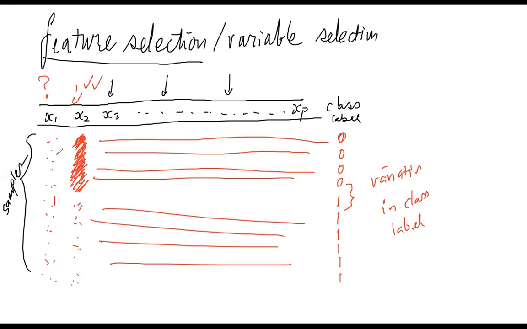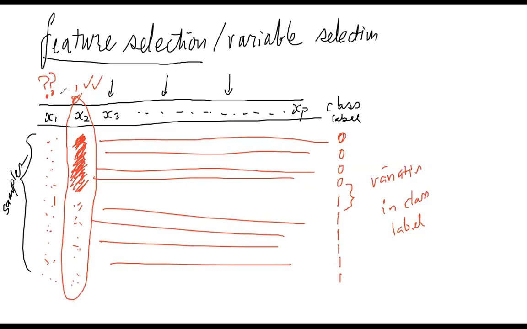Because the values are more or less the same, it cannot help you distinguish whether it's 0 or 1. So this variable is a candidate that you should consider getting rid of. Of course, in most practical problems, this kind of variable may not be easy to get.